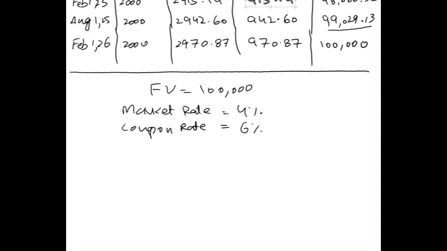So then again, like I said, the first step is to divide this rate into half. So 4% divided by 2, this becomes 2%. 6% divided by 2 becomes 3%. And then the number of payments is 4.